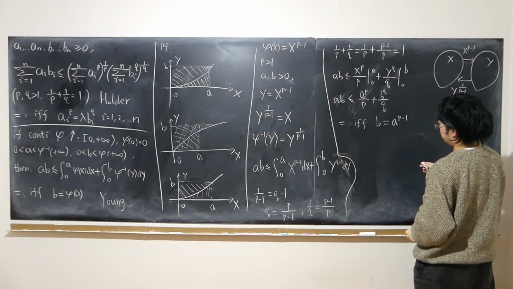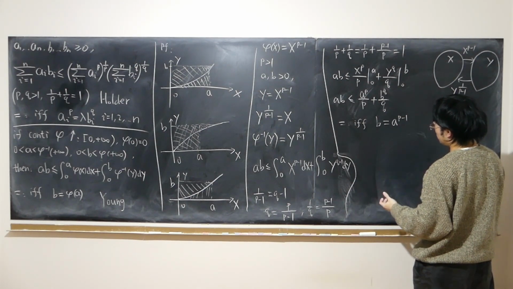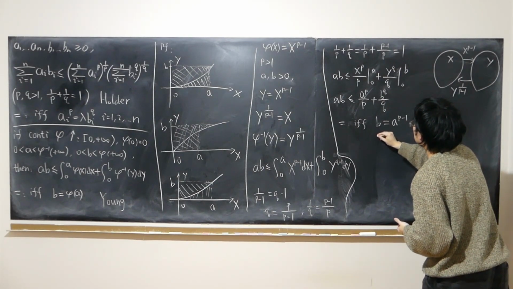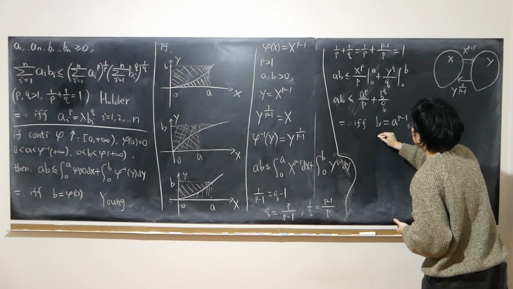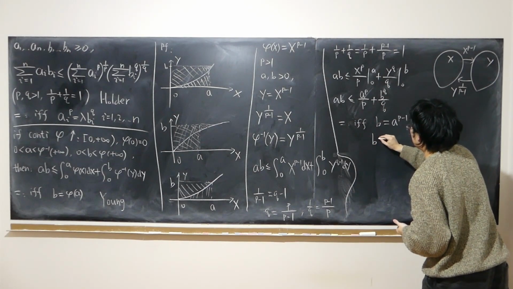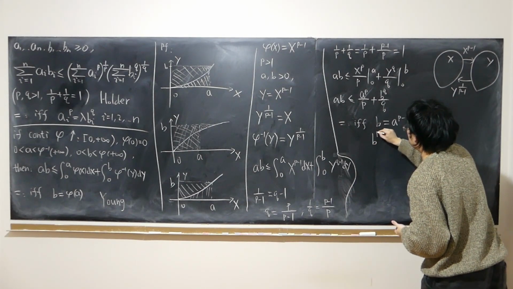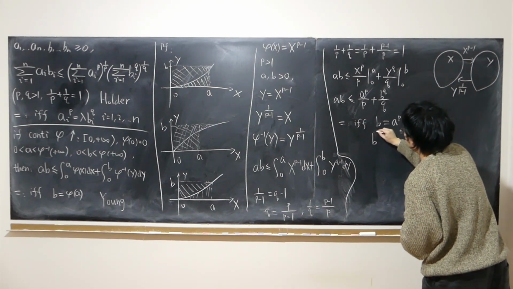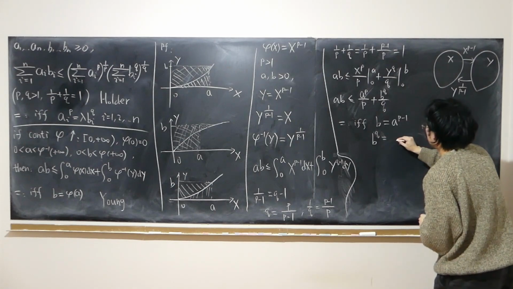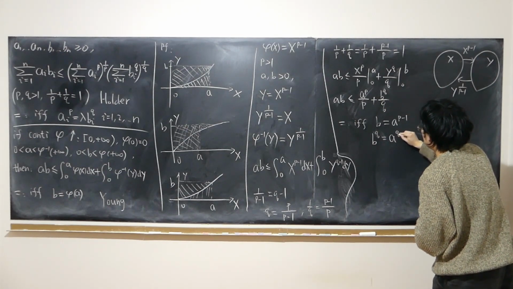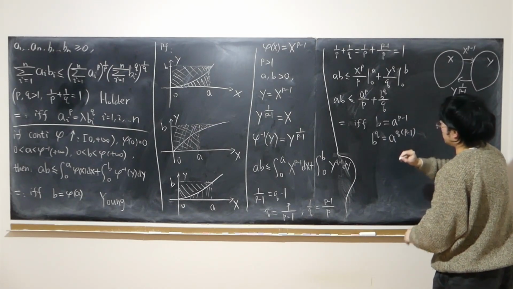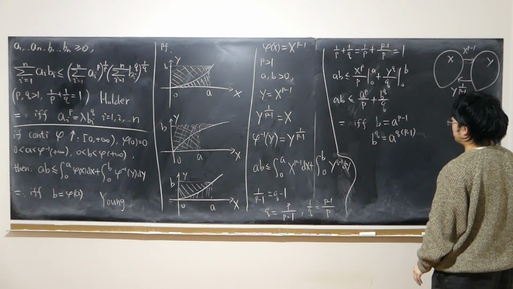So in other words, if we raise to the power of p on both sides, right? So in other words, b to the power of q equals a to the power of q times p minus 1. Right?